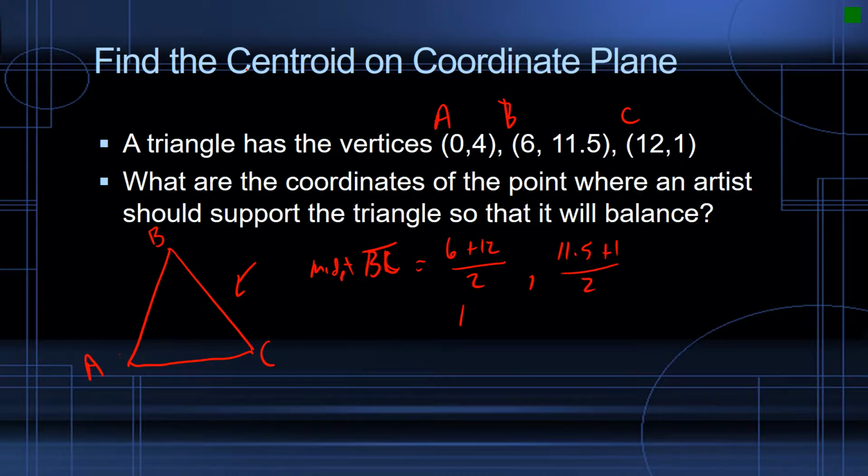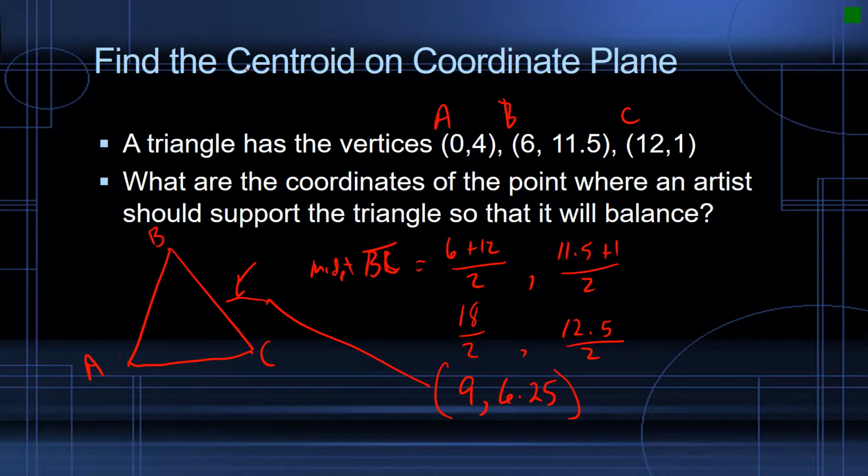And 6 plus 12 is 18 over 2, and 11.5 plus 1 is 12.5 over 2. And so the coordinate of that midpoint is going to be (9, 6.25), wherever that may be.